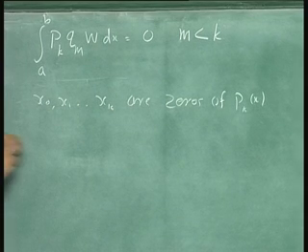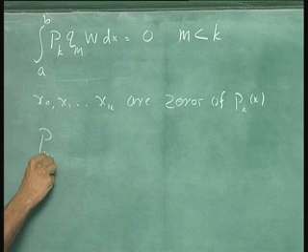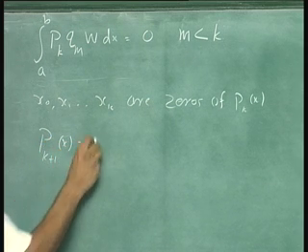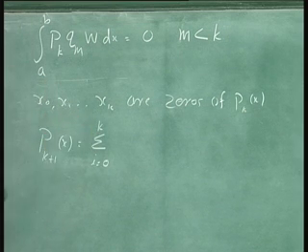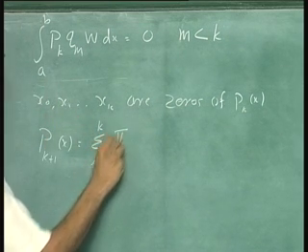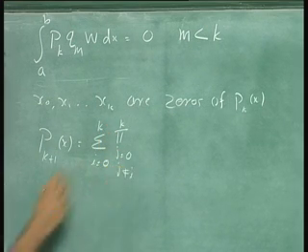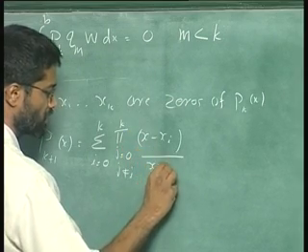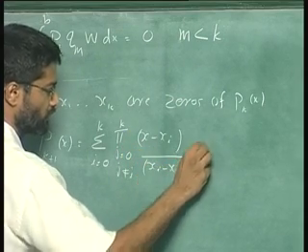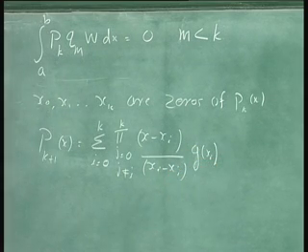Remember the construction of the polynomial pk plus 1 of x, which we constructed as the sum over i going from 0 to k of the product over j going from 0 to k, j not equal to i, of x minus xj divided by xi minus xj, into g of xi. These points xi which you choose are the zeros of this polynomial.